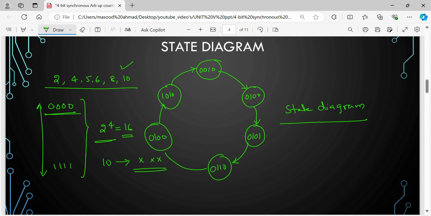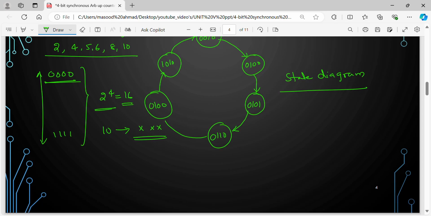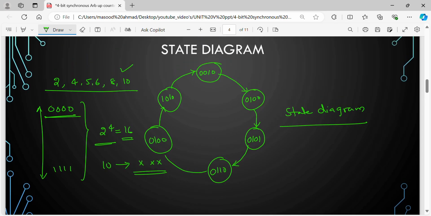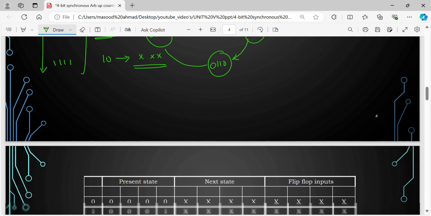That is what we are going to look into, which is known as the excitation table for this arbitrary sequence counter, which is up counting in nature.